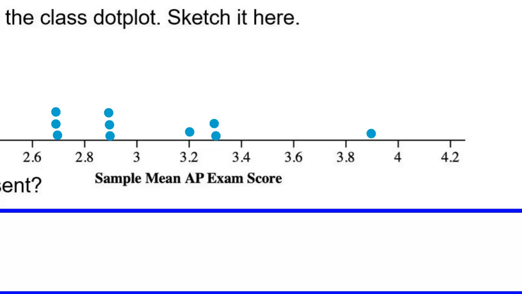You had 2.9, 3.3, and 2.7. 2.9, 3.3, and 2.7. 2.4, 3.3, and 3.1. 2.9, 3.3, and 2.7. 2.9, 3.2, and 2.7.